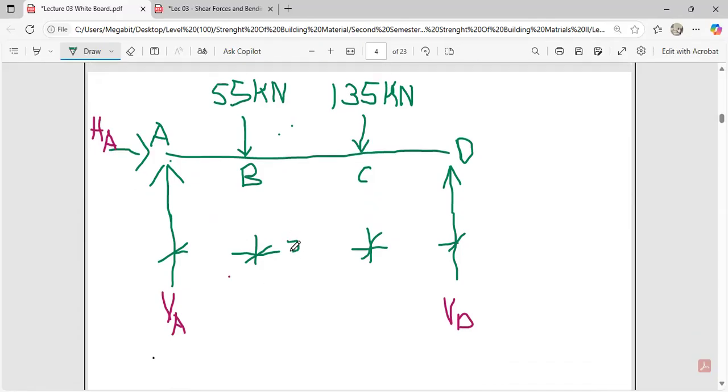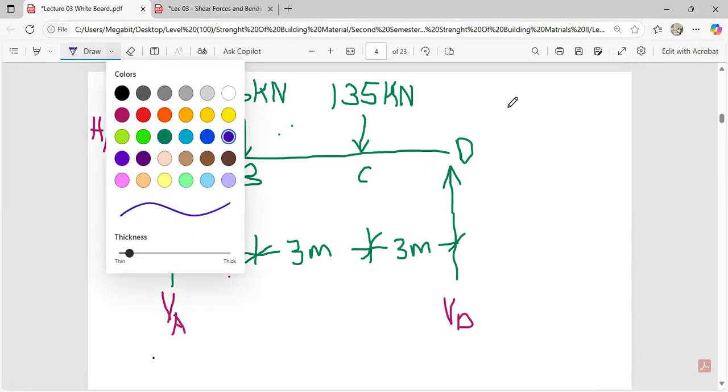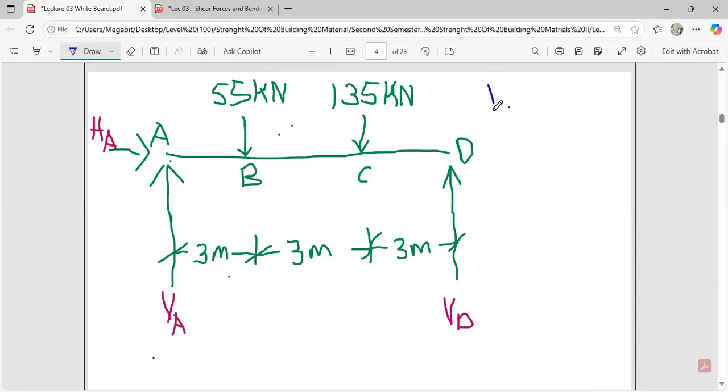So this is going to be the vertical and horizontal forces in the free body diagram.